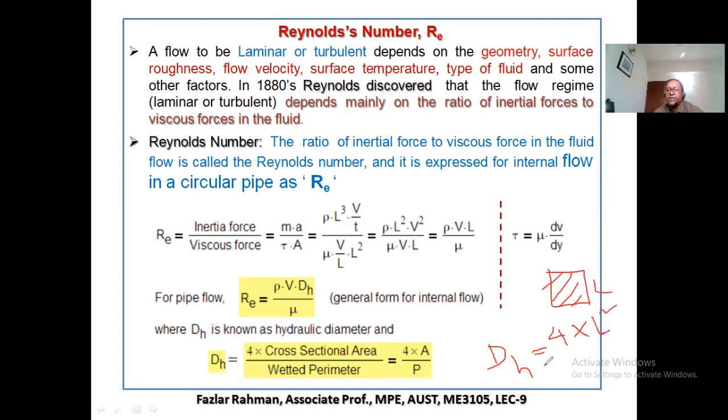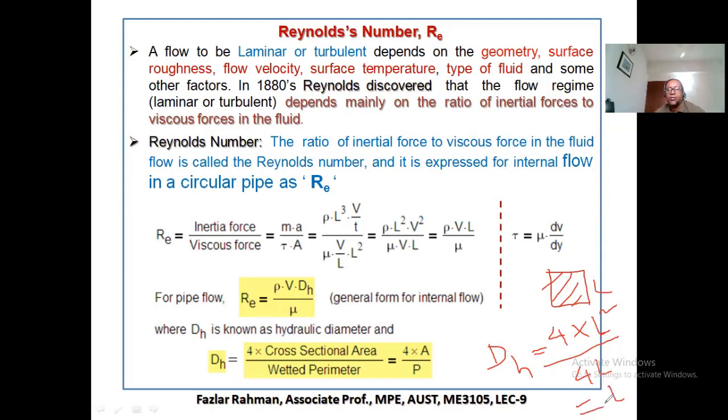Divided by wetted perimeter. If the fluid flows full, then this whole boundary will be the wetted perimeter. So your wetted perimeter will be 4 into L, right? So ultimately you are getting only L.